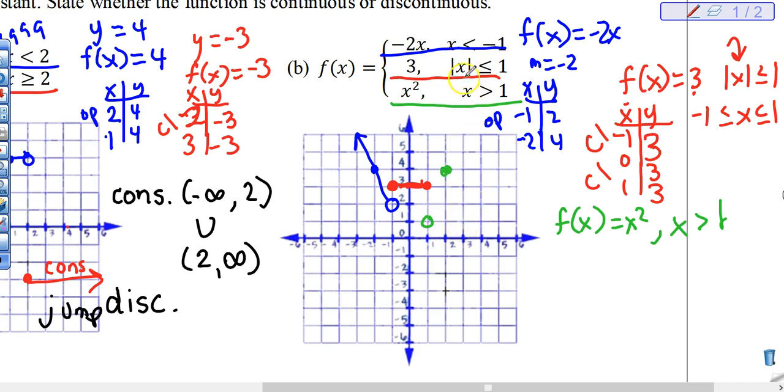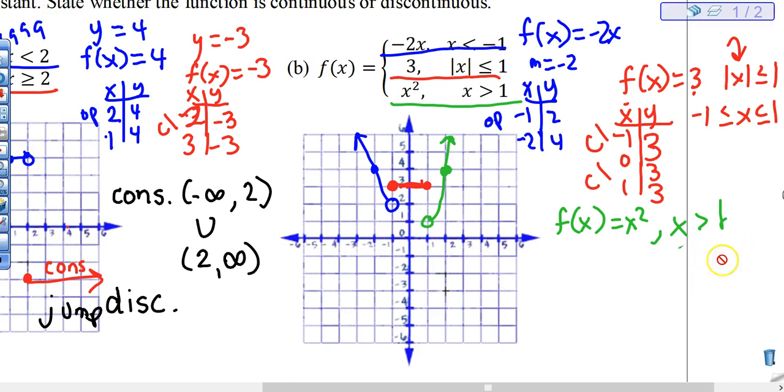Plug in a 3. 3 squared is 9. That takes us off the graph. Remember that this is a parabola and not a line, so it needs to have a curve as it cruises up. And there you have your function. Double check that you didn't mess it up and you don't have double points stacked. No, it's closed because 2 is greater than 1, and so you can graph the 2.